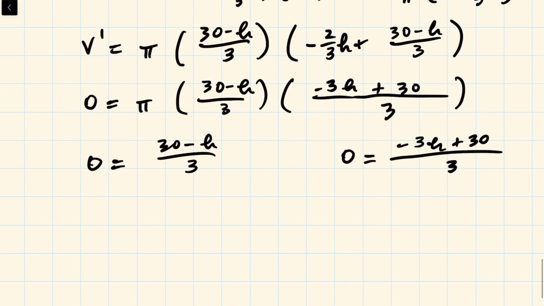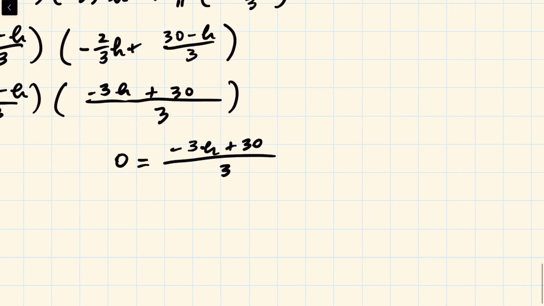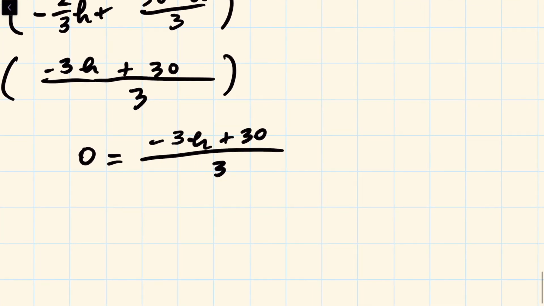Let's actually go ahead and find these zeros. Multiply both sides by 3 here. It's just going to be 0 times 3 is 0. And then add h to both sides. So h is 30. And then over here, we are going to have multiplication by 3 on both sides again, so 0 times 3 is 0.